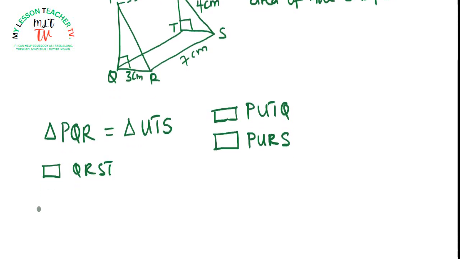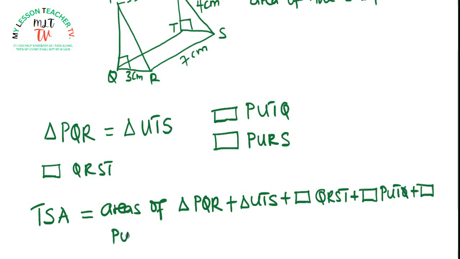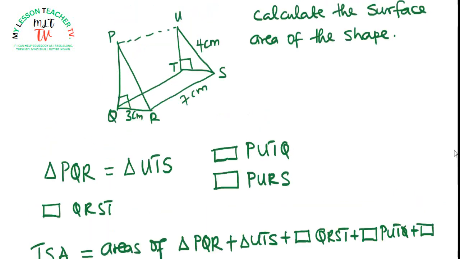So I will say that the total surface area, represented as TSA, is equal to the sum of areas of triangle PQR plus triangle UTS plus rectangle QRST plus rectangle PUTQ plus that of rectangle PURS. So when you get the areas of each of these, add them up together, it gives you the total surface area of this shape.